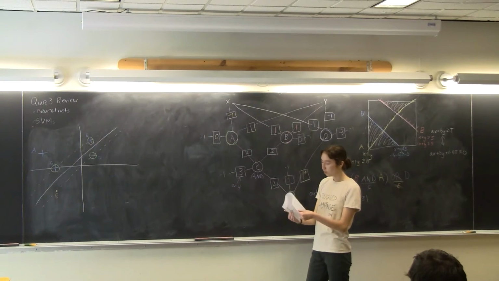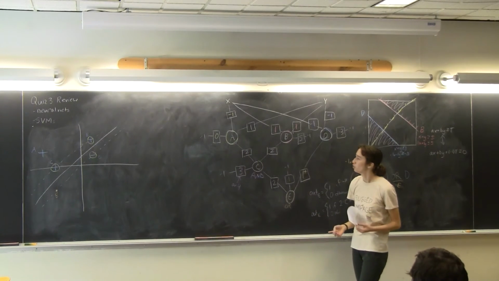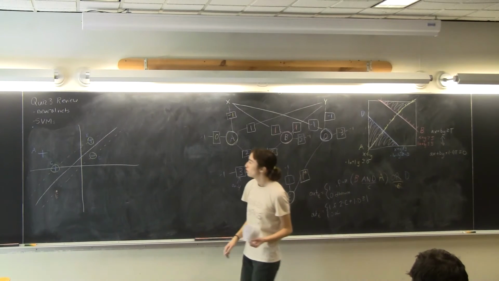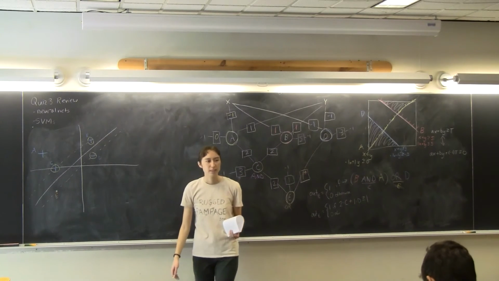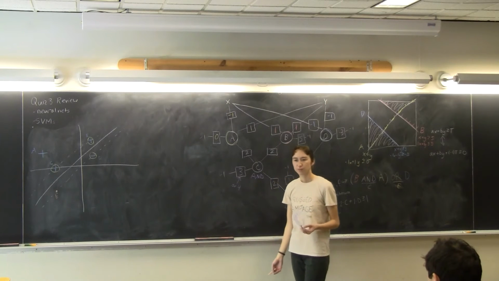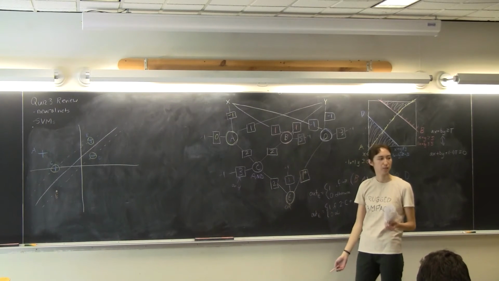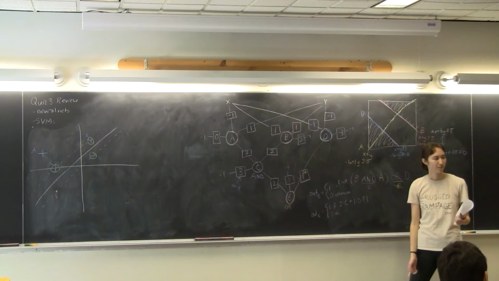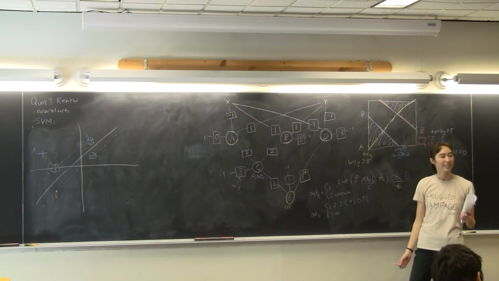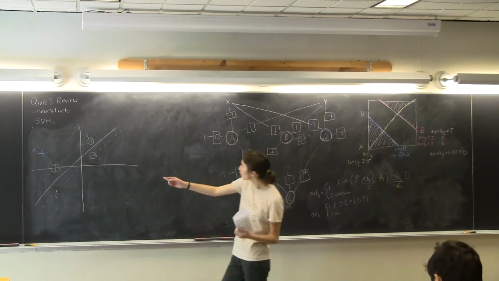Now we're asked to figure out the supportiveness or alpha values for each of these points. So how would we go about doing that? In this case, we only need to know the sign of them. So how would we figure out the sign of the points? If it's a support vector, it's going to have a positive alpha. Yeah, exactly.